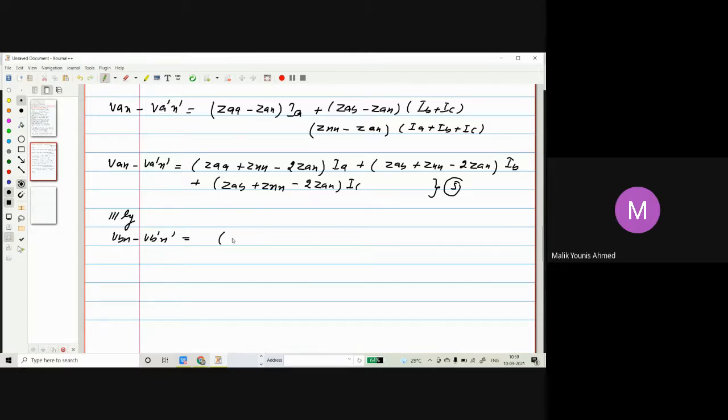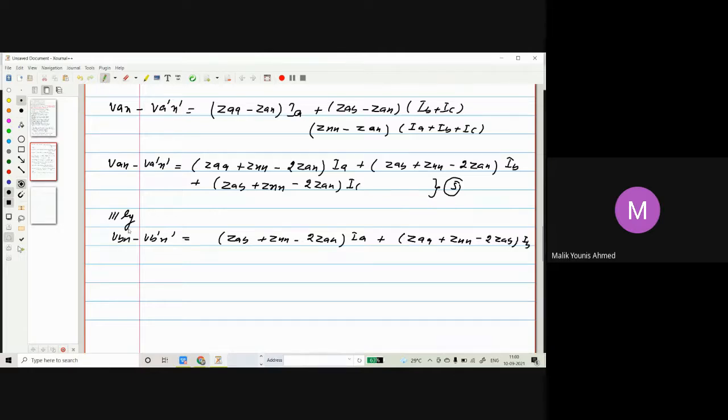So here it will be ZAB plus ZNN minus 2 ZAN, that will be with IA, but with phase B, what we are going to get, we are going to get ZAA plus ZNN minus 2 ZAB into IB.